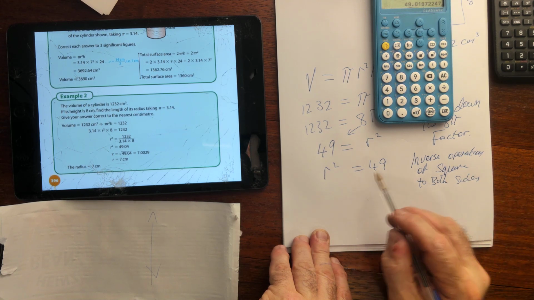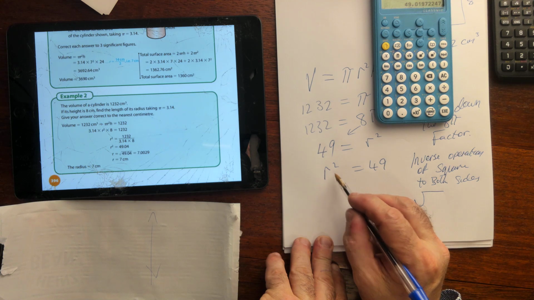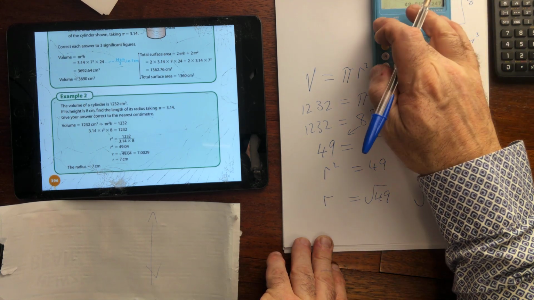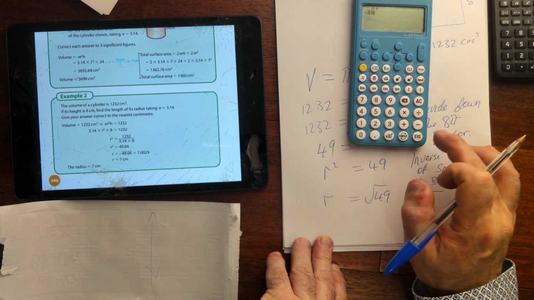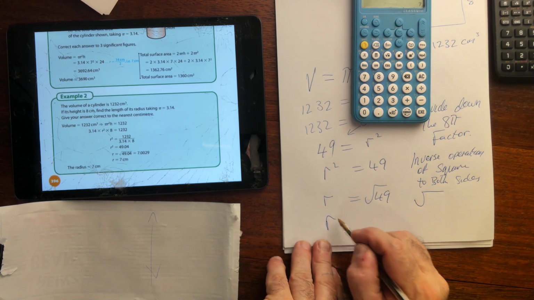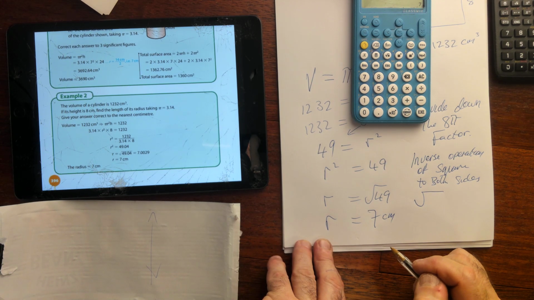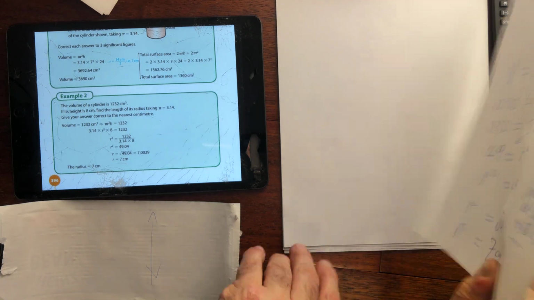And the reversing of squaring is square rooting. So when you square root r squared, you get r, and when you square root 49, you find out in the calculator what it's worth. So you get the square root of 49, r equals 7 centimeters. Okay, that's the second example done.